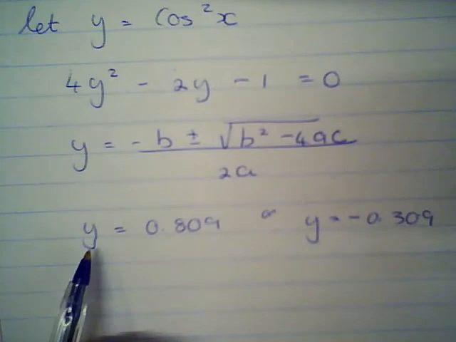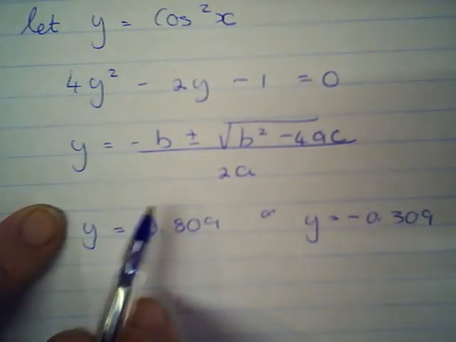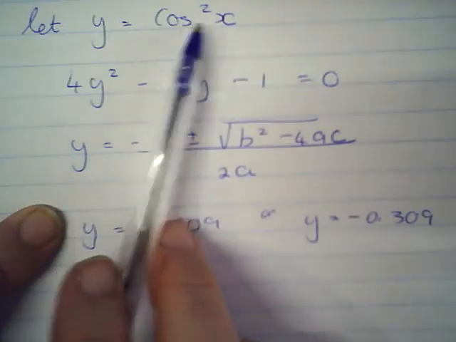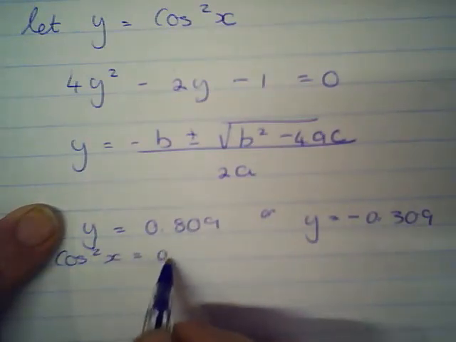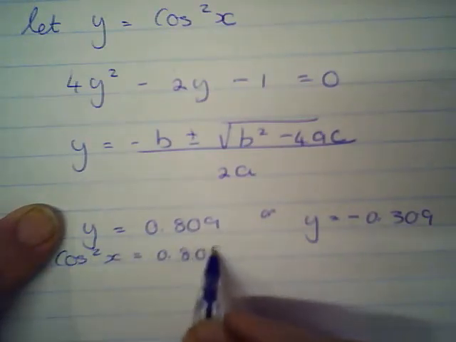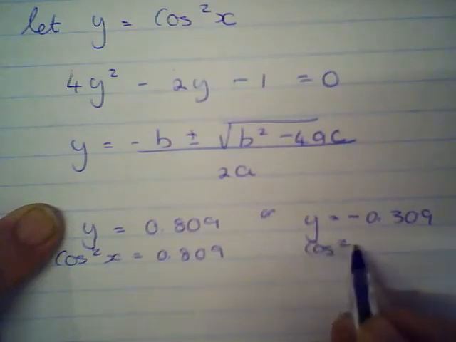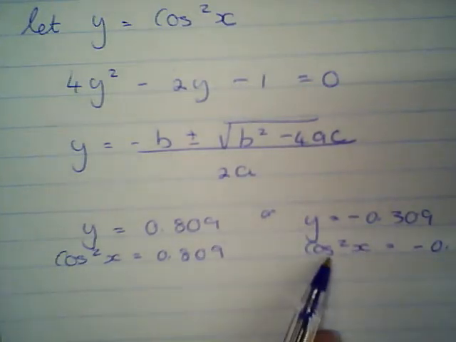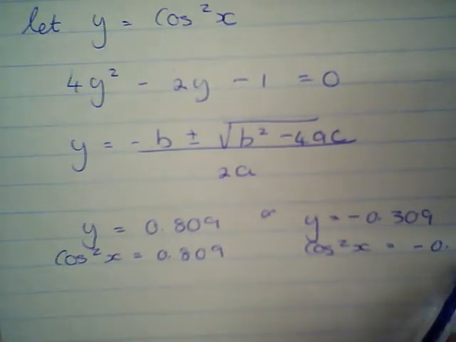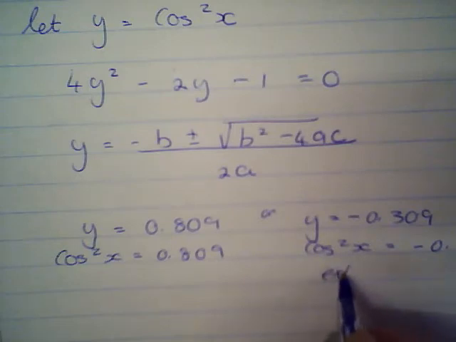Now, y isn't what we started off with. We started with cosine squared x, so cosine squared x equals 0.809 and cosine squared x equals negative 0.309. Take the square root. We cannot take the square root of a negative number, so this one would be extraneous.